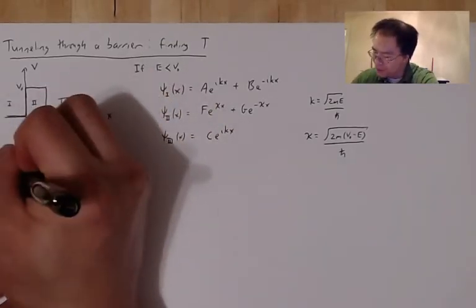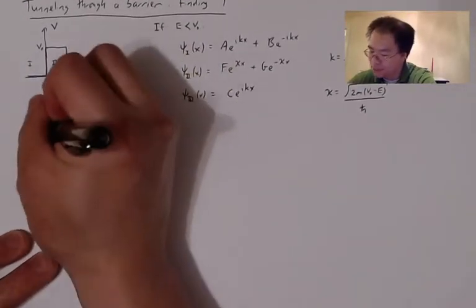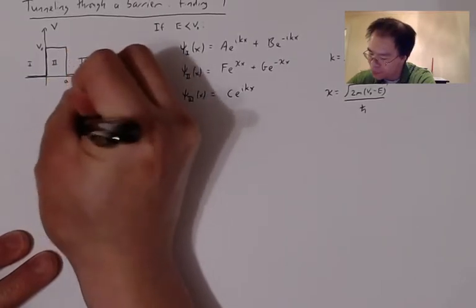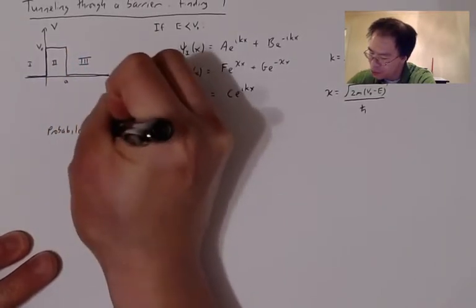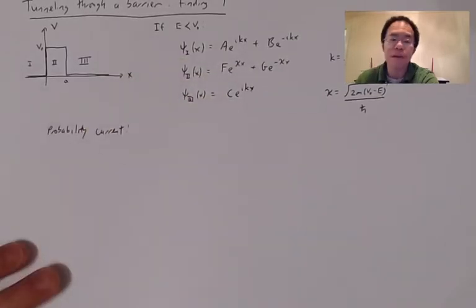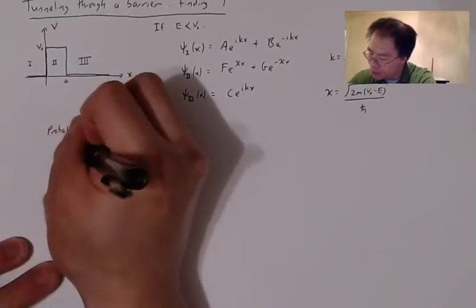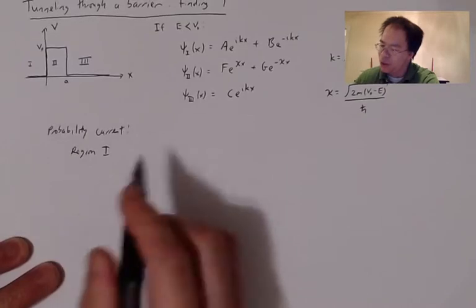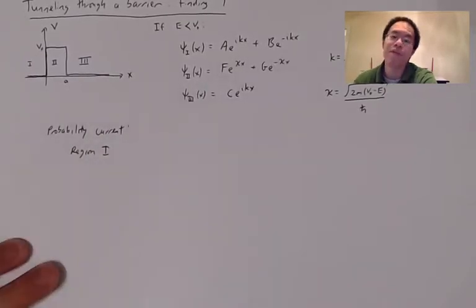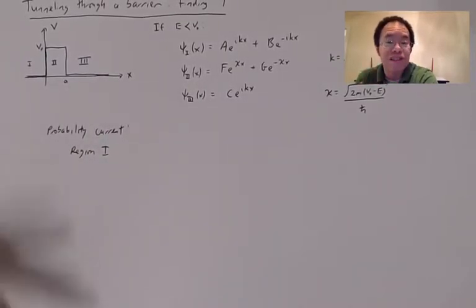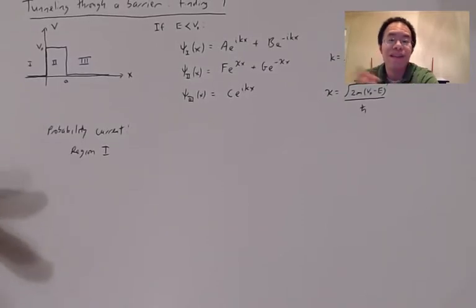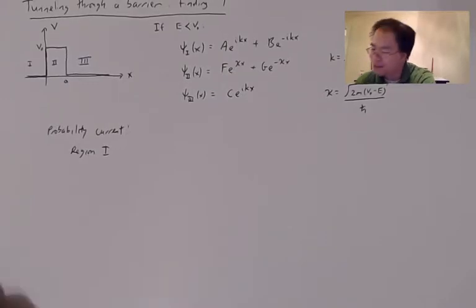So let's first think about the probability current. In region 1, where we have this form for the wave function, this is exactly what we did in the bonus video for Friday's class when we were looking at scattering from a potential energy step.